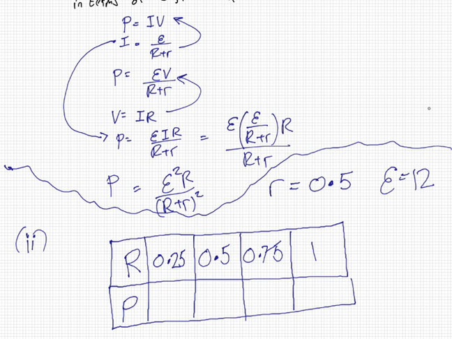Okay, do you have those 4 numbers? All right. So what is the first number? 64. Sorry, these are in watts and these are in ohms. 64. 72. 69.1 and 64.